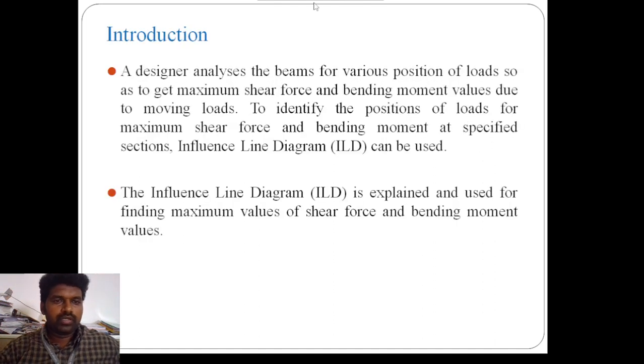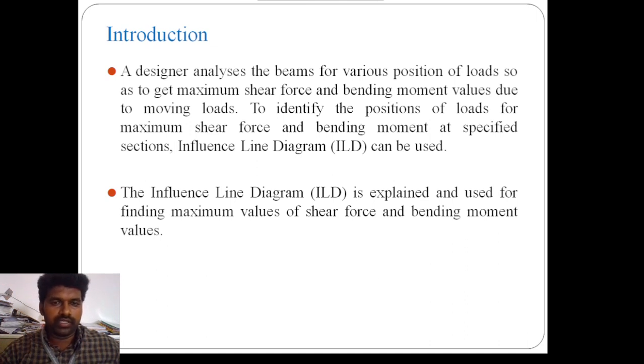So here, the designer analyzes the beam for various positions of loads so as to get the maximum shear force and bending moment values due to the moving loads. To identify the position of loads for maximum shear force and bending moment at specific sections, the influence line diagram can be used. For example, we can consider five wheel loads acting. That means the five wheel loads are different.